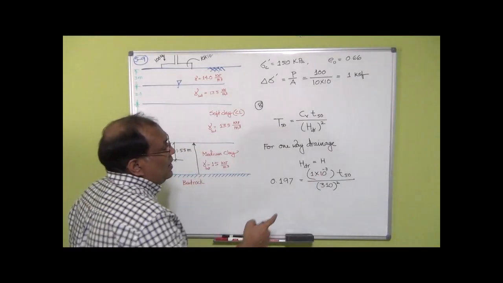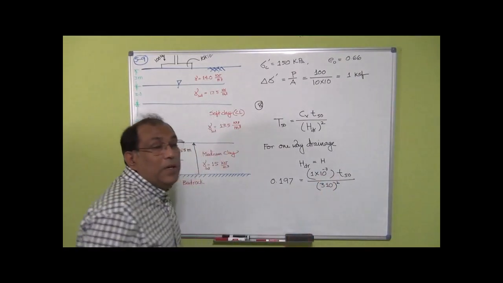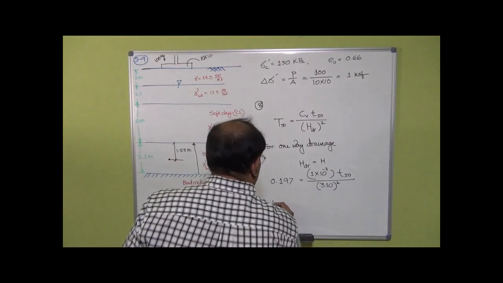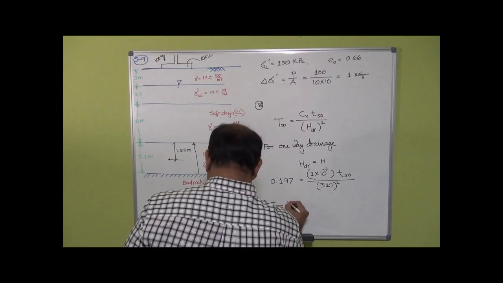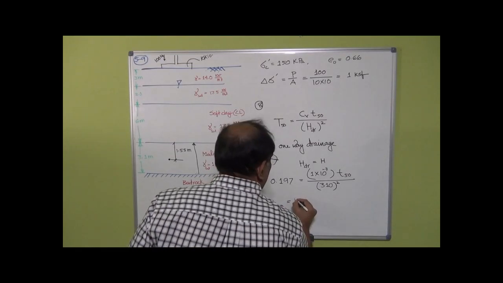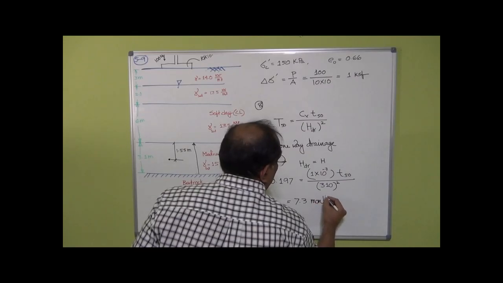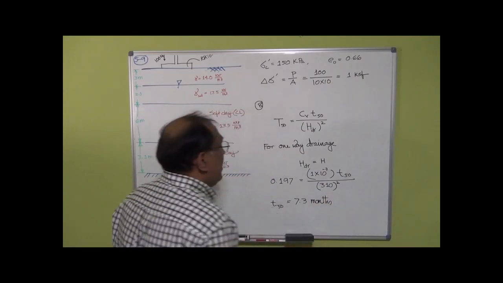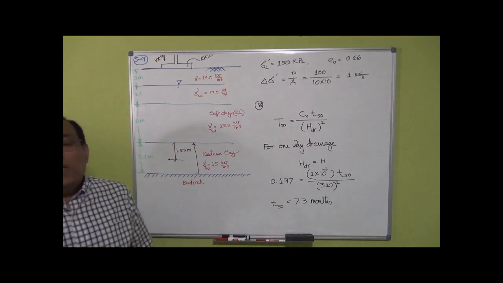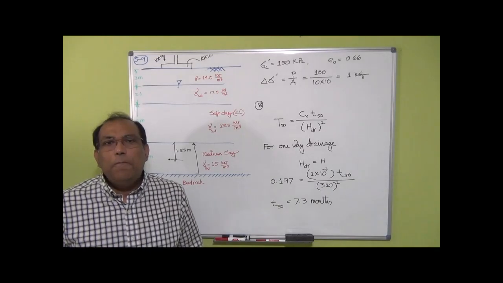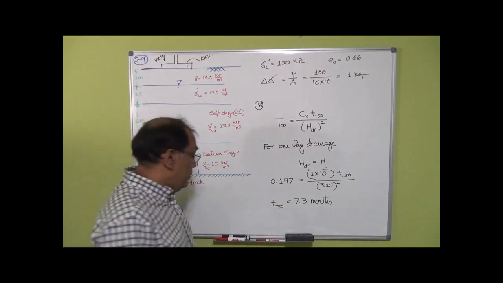And then your T50 will be in seconds. So you can just solve this equation and your T50 would be equal to 7.3 months. So for 50% consolidation, it's going to take 7.3 months. Okay, now let's move forward.